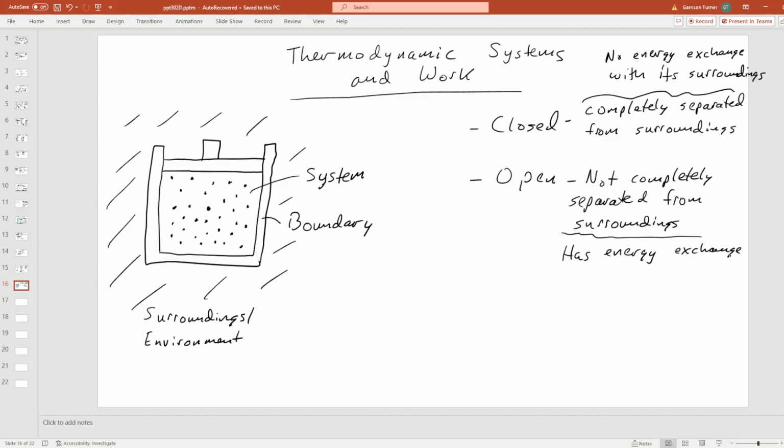In a completely closed system, no energy exchange occurs, and so no heat flows from the system or into the system.